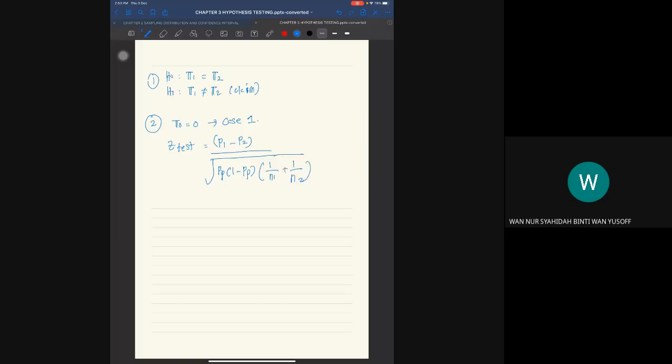If you have done it, what is the answer? Negative 0.9932. Okay, step 3. And the rest of you get a similar answer, 0.9932?